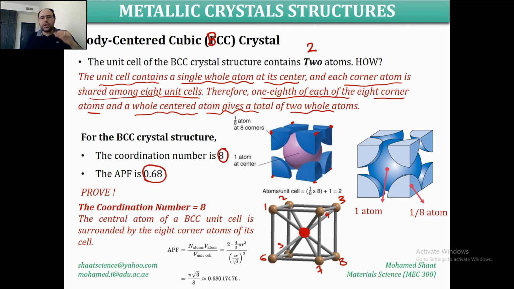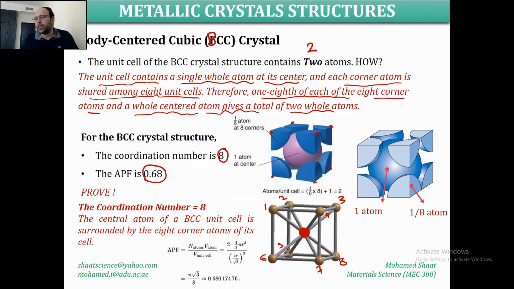It means that FCC is more filled with atoms than the BCC crystal structure. That's why the atomic packing factor in FCC is bigger than that of the BCC crystal structure. In the BCC crystal structure, it is 0.68.